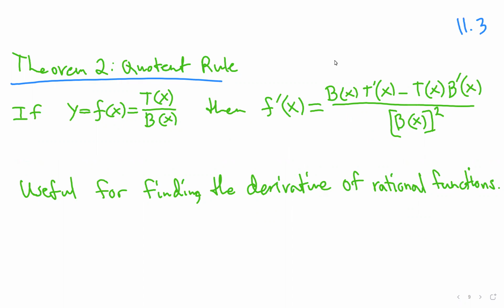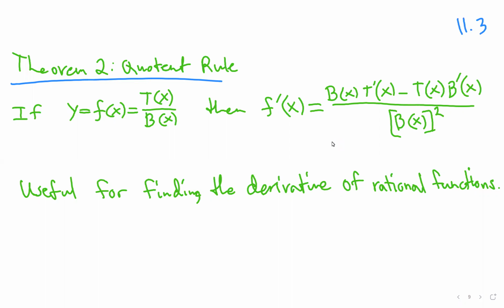The quotient rule is very specific in how it's written and very specific in its notation on where the derivatives are. And so just remember all of that and be very careful about applying it. As far as the quotient rule goes, it's useful for finding the derivative of rational functions.